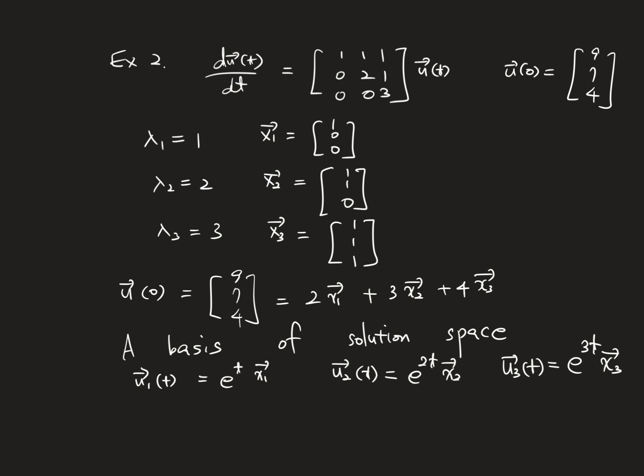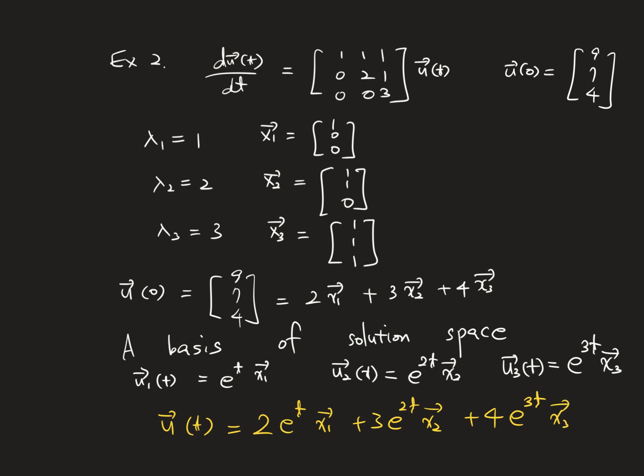So the solution will be u(t) equals 2 e^t x1 plus 3 e^(2t) x2 plus 4 e^(3t) x3.